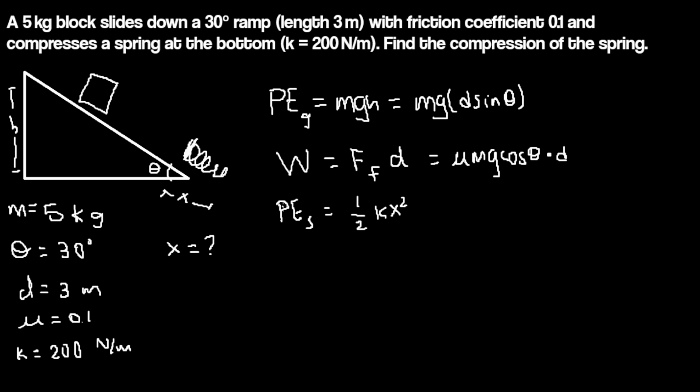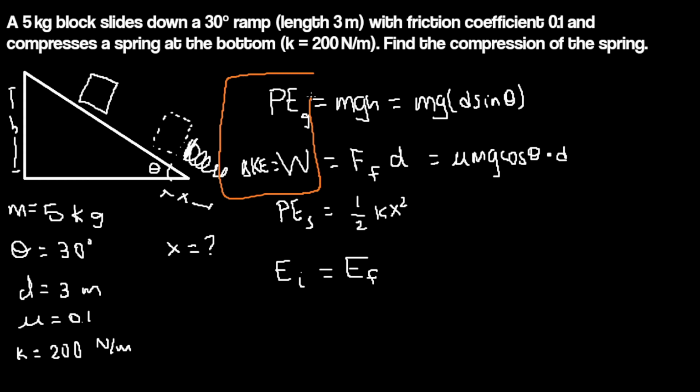Well, we know that our initial energy equals our energy final. What we also know is that at the bottom of the ramp, we have the potential energy plus our change in kinetic energy, which is equal to work. So right here, right before it touches the spring, we have just these two energy values. And right after it touches the spring, we have this energy value.